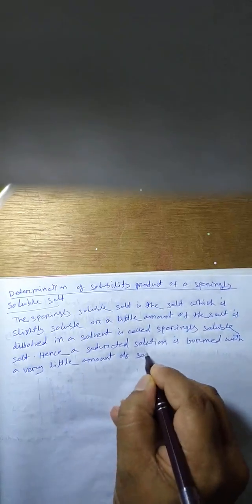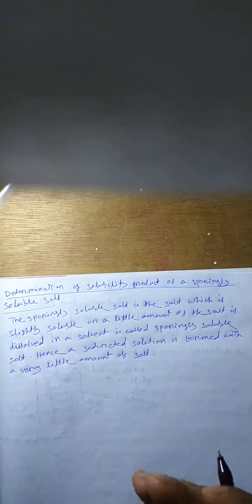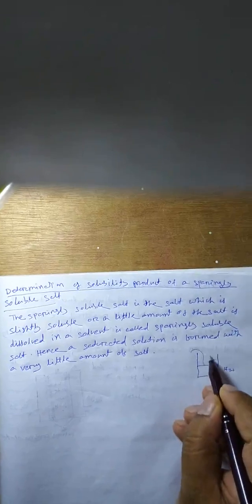Saturated means when you add something more, it is not soluble. It will be precipitated. Suppose you have a beaker containing water, and you add sodium chloride.